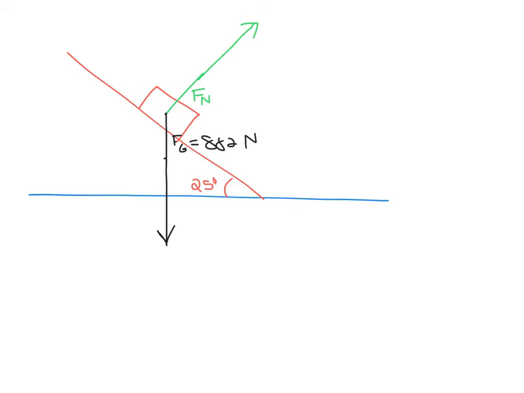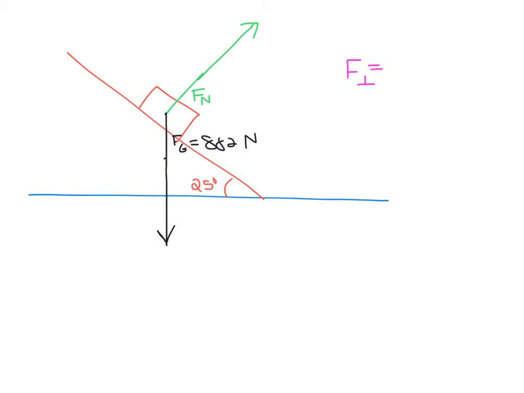So what I'm going to do is break this up into two forces. The first force that I'm going to find I'm going to call my perpendicular force. You'll notice that I'm using a new notation. This is an F, and the subscript of that is the two little perpendicular lines.